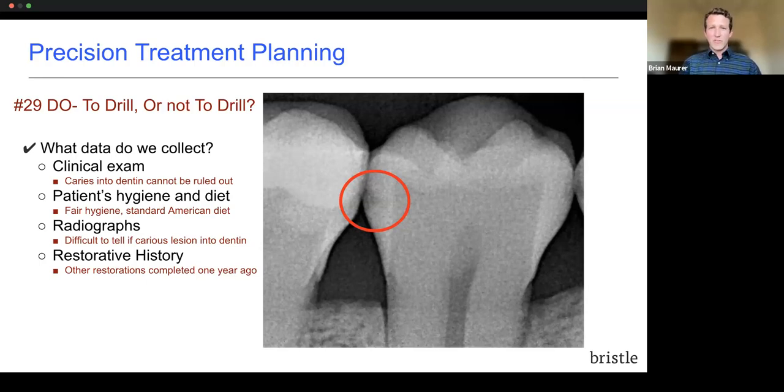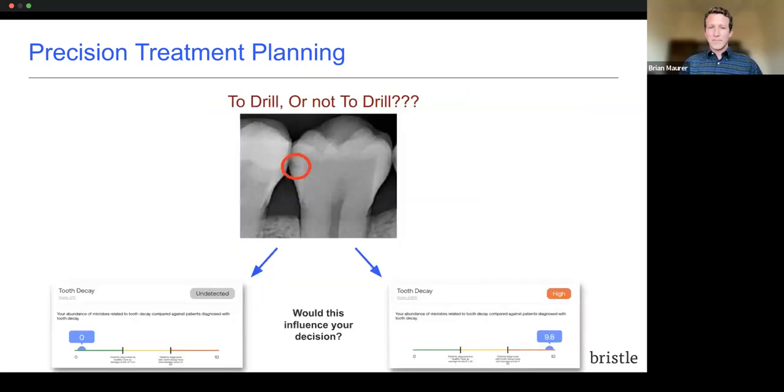And so now with the Bristle test, what you can imagine doing, and here are two patient results, is that we can see the patient on the right is at a very high risk of tooth decay. They have a very high abundance of the bacteria present that lead to decay. Versus the patient on the left, where we actually found no abundance of the bacteria related to tooth decay.